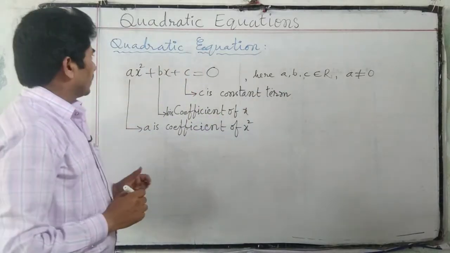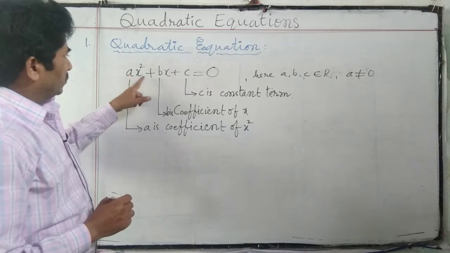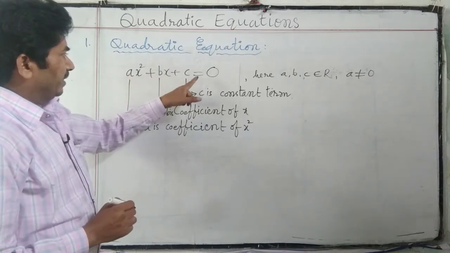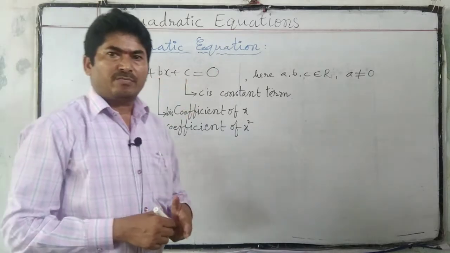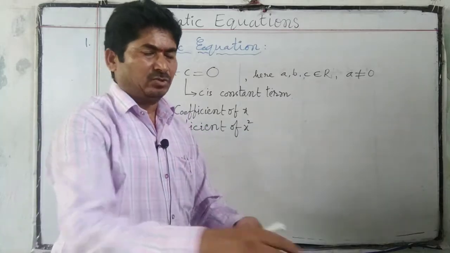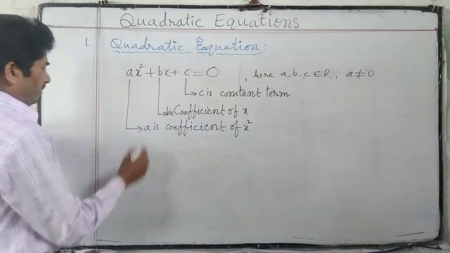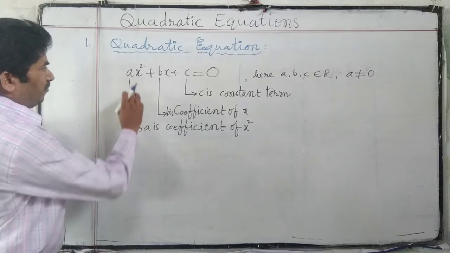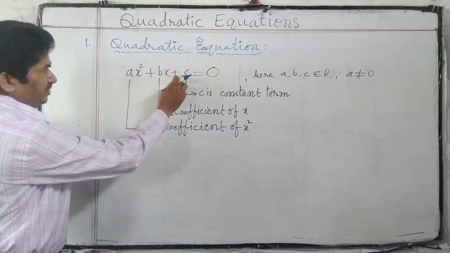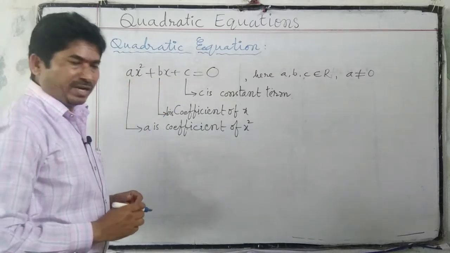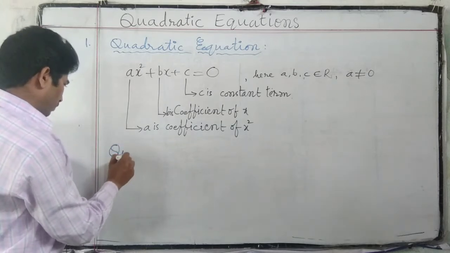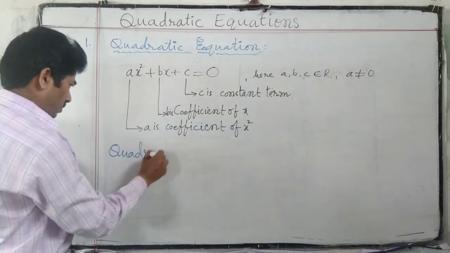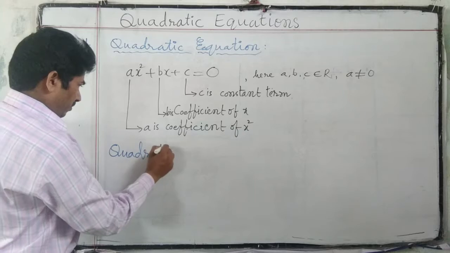And ax square plus bx plus c is equal to 0. If we write y is equal to ax square plus bx plus c, it is called a quadratic function.